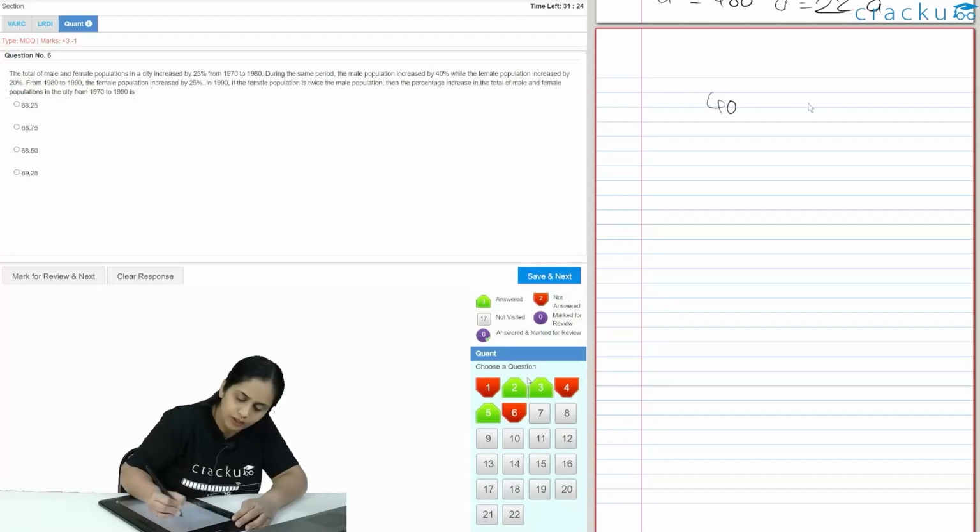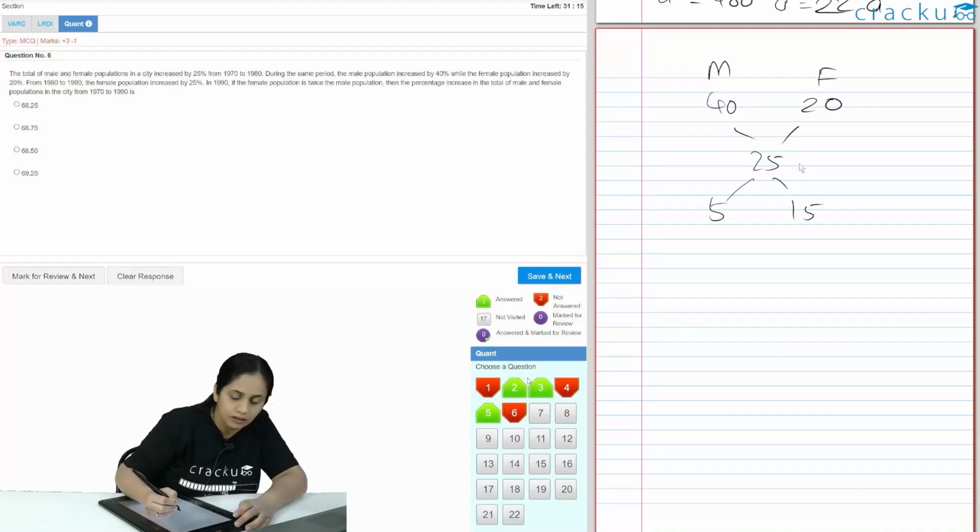So if it's 40 and 20 and the combined is 35, this is 5, this is 15. This is male to female. So that means this is 1:3. So there were 3 females for every male earlier.